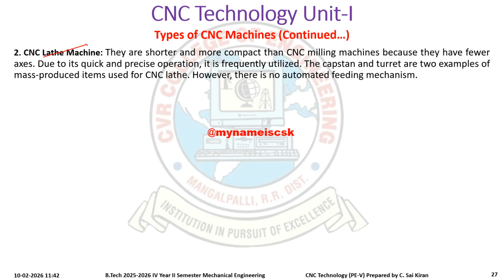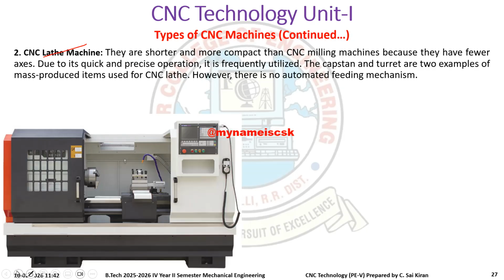Next is the CNC lathe machine. Compared to the milling machine, the lathe machine is very small, and we have fewer axes. On this CNC lathe machine we can hold cylindrical objects. Whatever cylindrical objects there are, we can place them here. These are the cutting tools available.